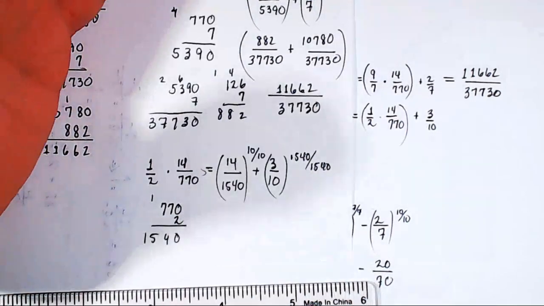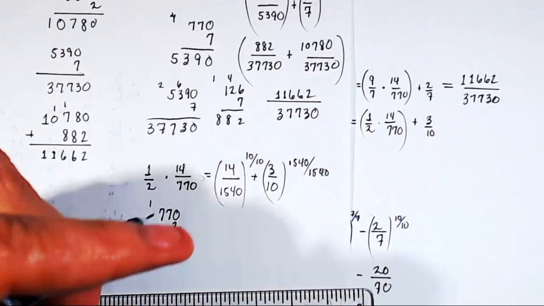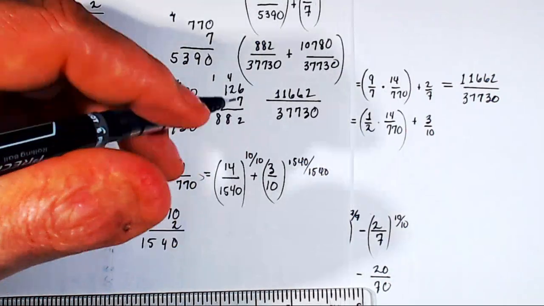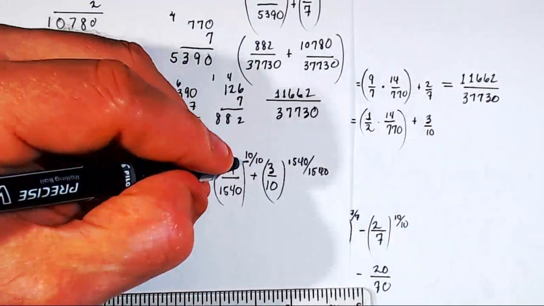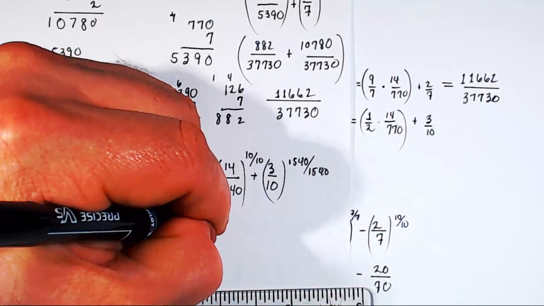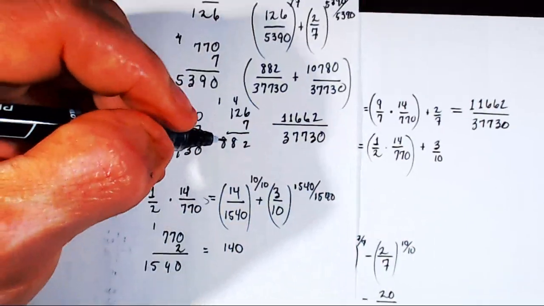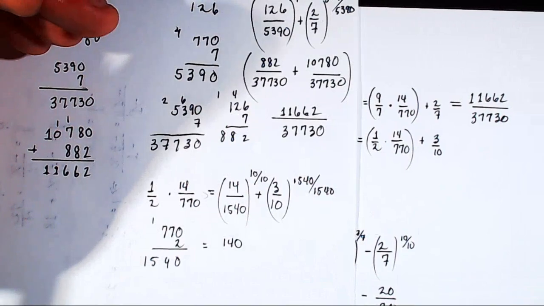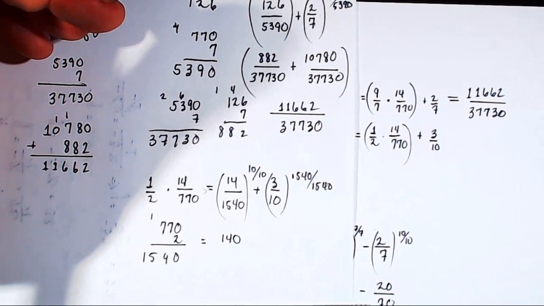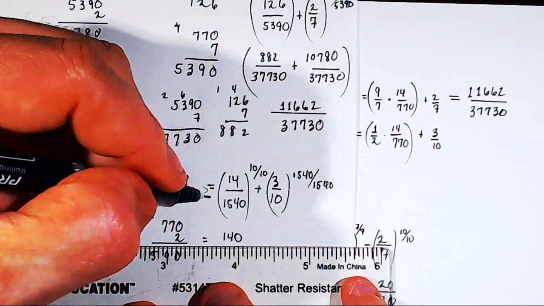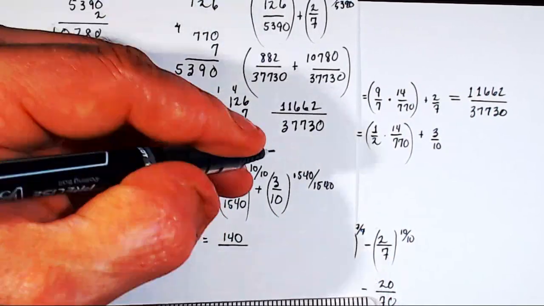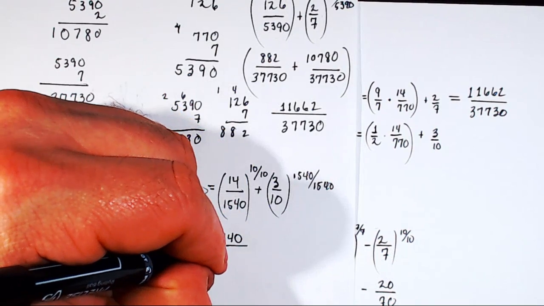There might be able to do something else there, but let's just do it this way because I know it'll work. We'll say that 14 times 10 is 140, and then, oops, I bumped that. Then 1540 times 10 is 15,400.